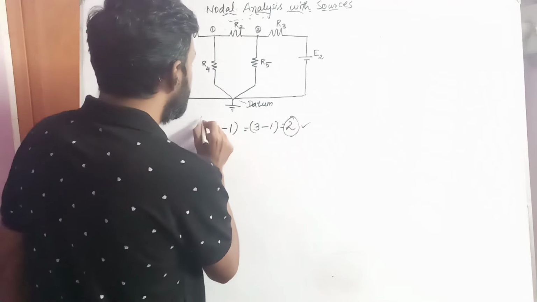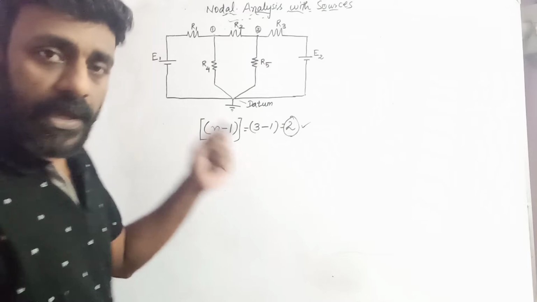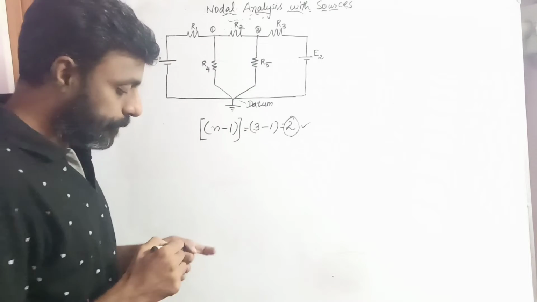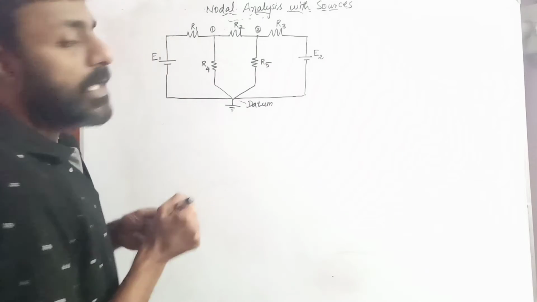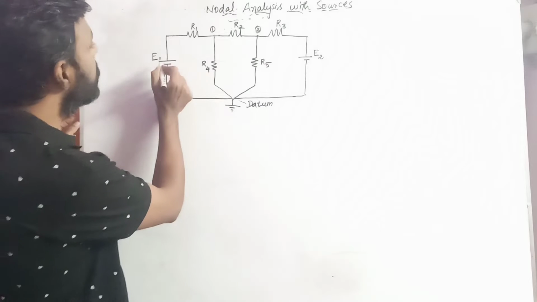So you are using this formula n minus 1, where n stands for the number of nodes involved in this electrical network. Fine. Now we will start working with the circuit. We will name the direction of currents before starting. You have this battery E1.